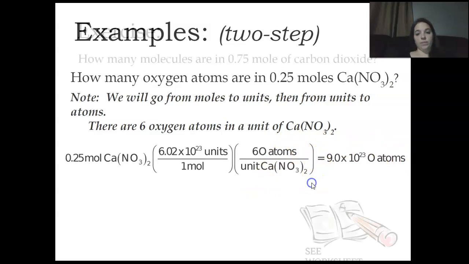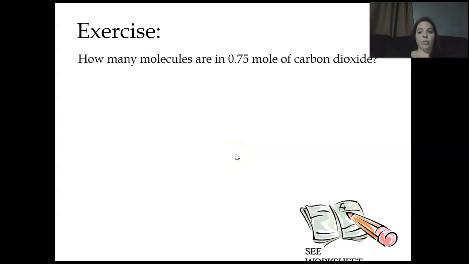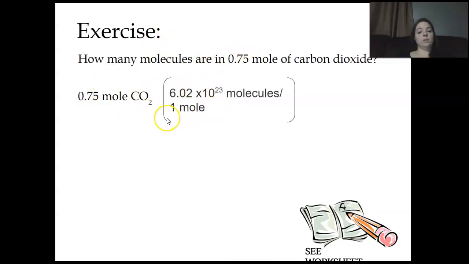And this is what you get. We're actually not even going to worry about that. So how many molecules are in 7.5 moles of carbon dioxide? Again, CO2, mole to molecule, get rid of the mole, 6.02 gives you 4.51 times 10 to the 24th.